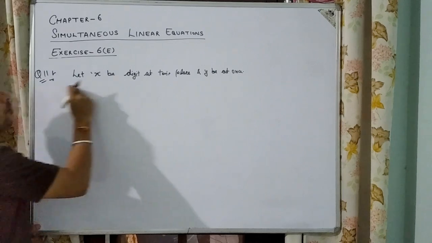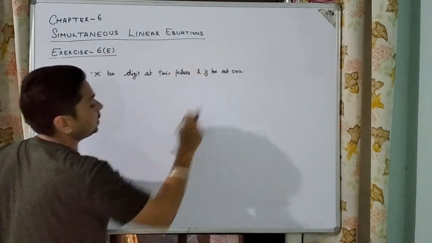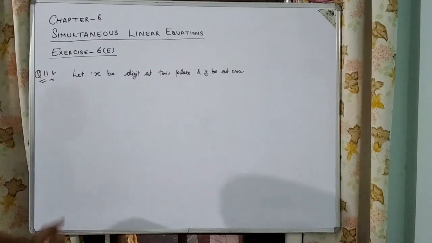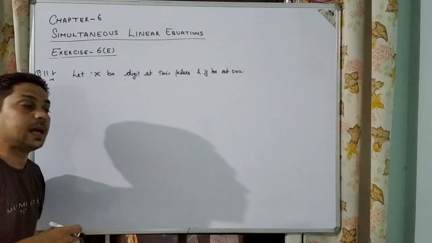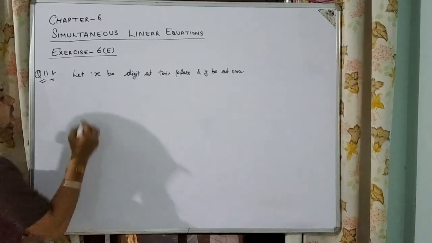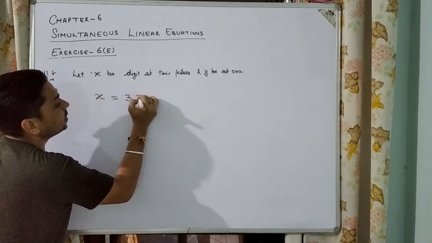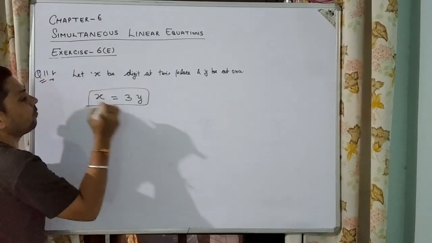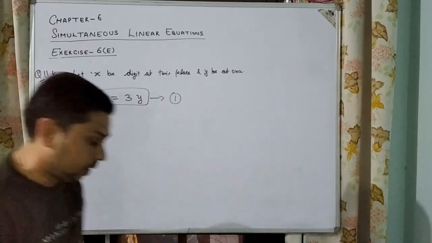So we have the digit at the tens place and the digit at the ones place. The first condition which is given is that the digit at the tens place is 3 times the digit at the ones place. This is the first condition that is given in the question.